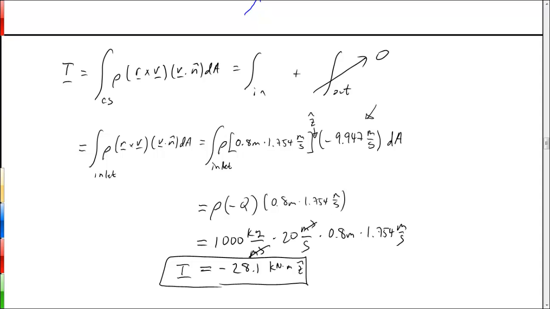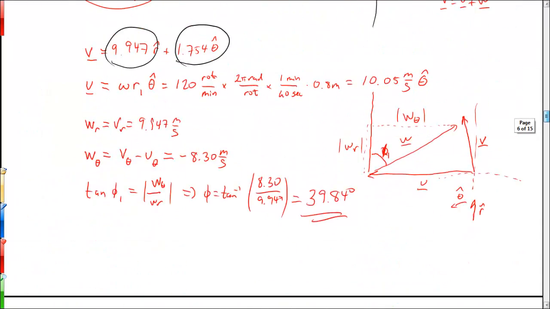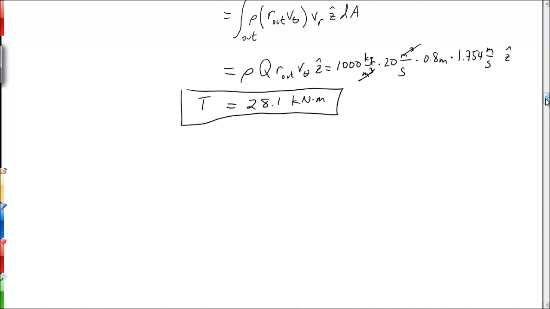The minus sign means that the torque is acting in the negative theta hat direction. So it's acting in this direction here, which means that the water is actually applying torque to our rotor because we are applying negative torque to the water, if you want to think of it that way. Notice that this torque here, minus 28.1 kilonewton meters, is exactly opposite the torque on the stator, which was 28.1 kilonewton meters.